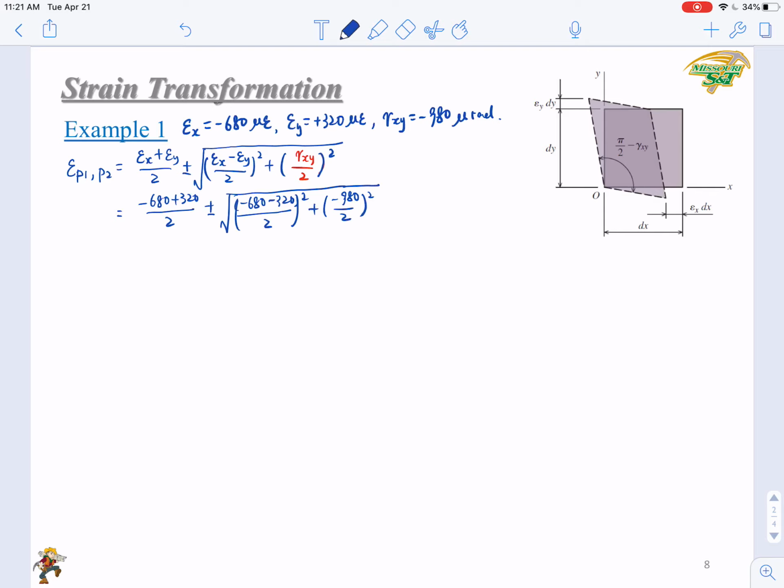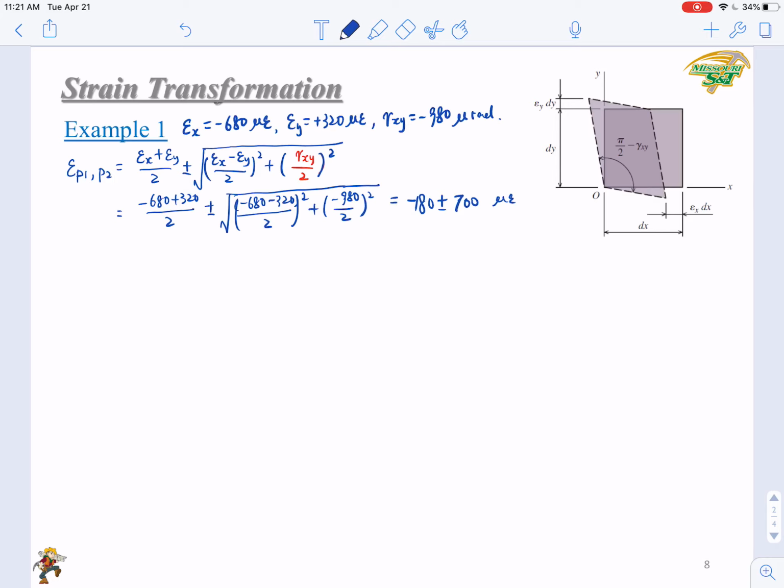Here you will get negative 180 plus or minus 700 microstrain.